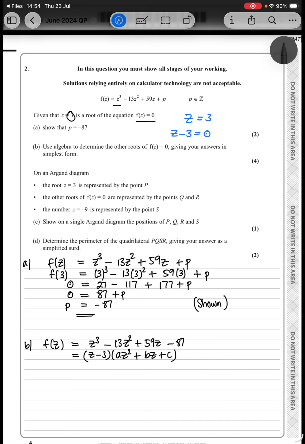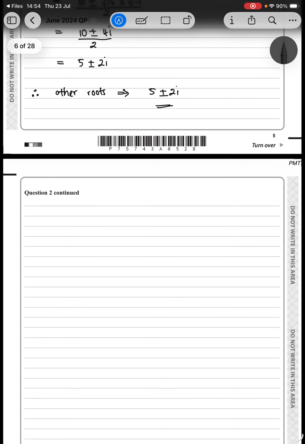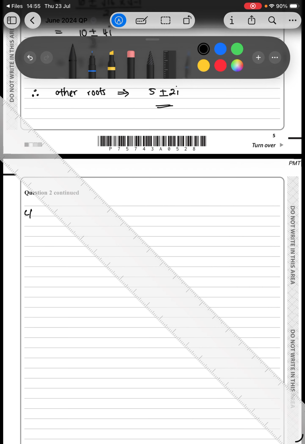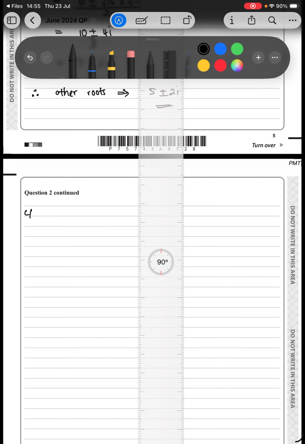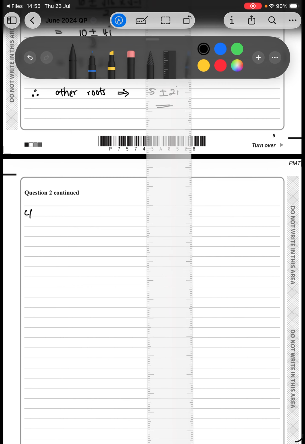Right. So let me draw the Argand diagram.